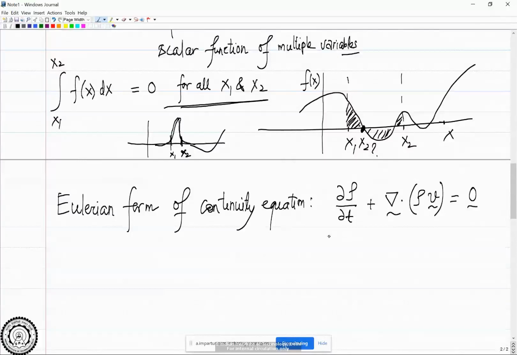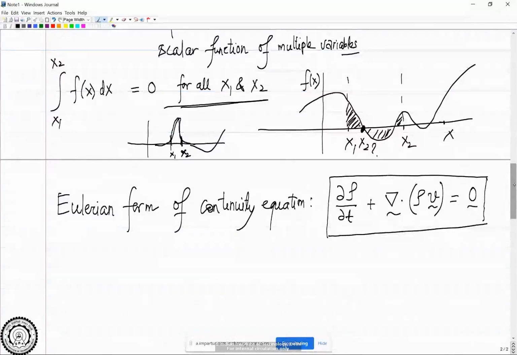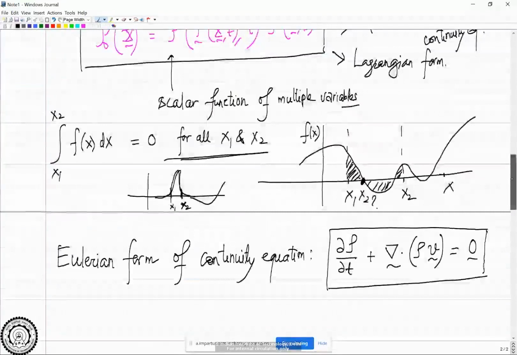Now, can you derive this equation? What we did was the Lagrangian form of the equation that we derived, and this is the Eulerian form. How can we derive it? Any idea how we can derive it?